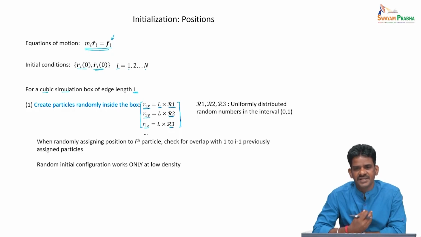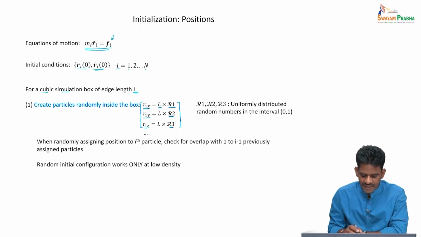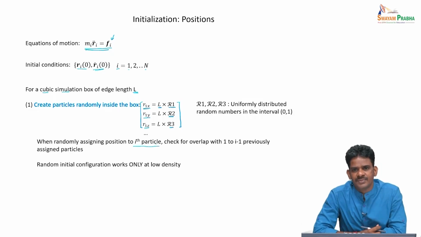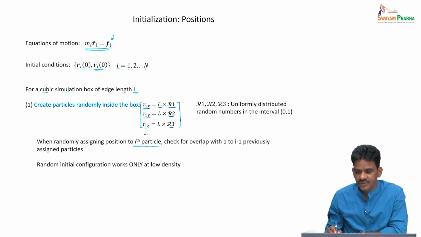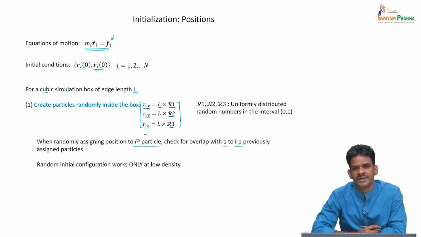Similarly, when we assign the position for the third particle, we have to ensure that it does not overlap with the first and second particles which were already put in. We can generalize this approach to say that whenever we assign a random initial position for the ith particle, we have to check for overlap of the ith particle with particles 1 to i minus 1, which were previously assigned in the simulation box.